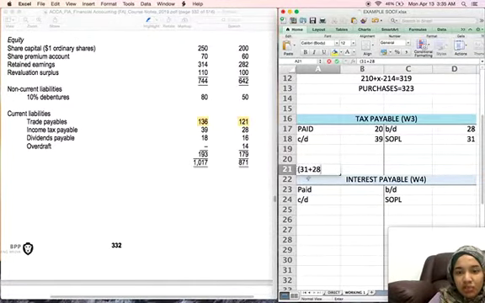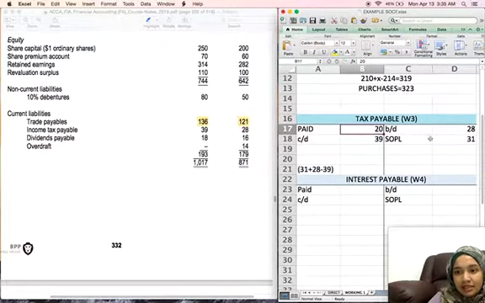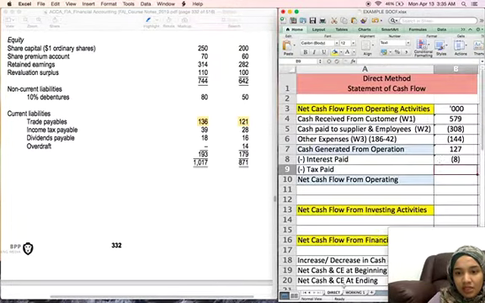Supposedly, you have to pay 31 plus 28. But at the end of the day, you still have 39 income tax payable that is not yet paid. So, you minus 39. So, you will get how much you paid during the year. The same. Okay, so you take this figure, 20, you put here.